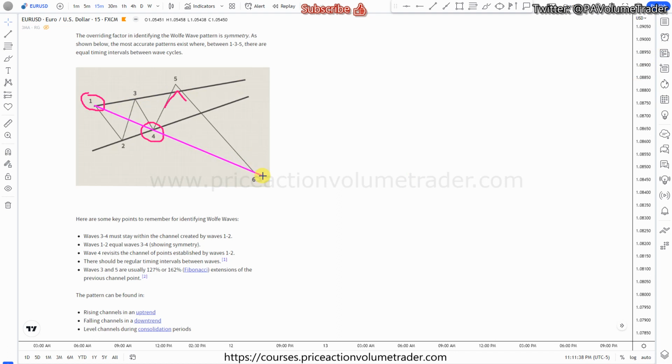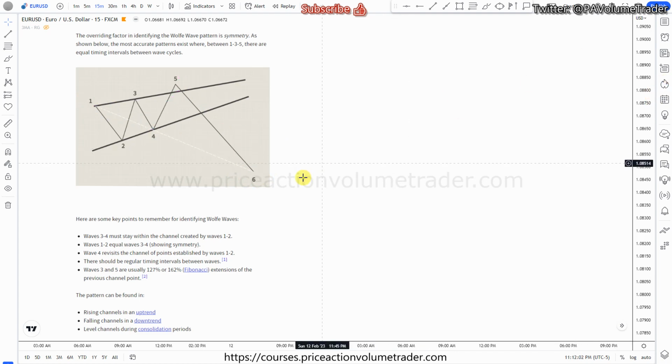And this is going to be your take profit line. So then here, if you see this going, then you would get short somewhere around here when we go back into the channel. Stop loss right beyond point 5, the turning point here on the third thrust. And then your take profit would be on this projection that you have right here.